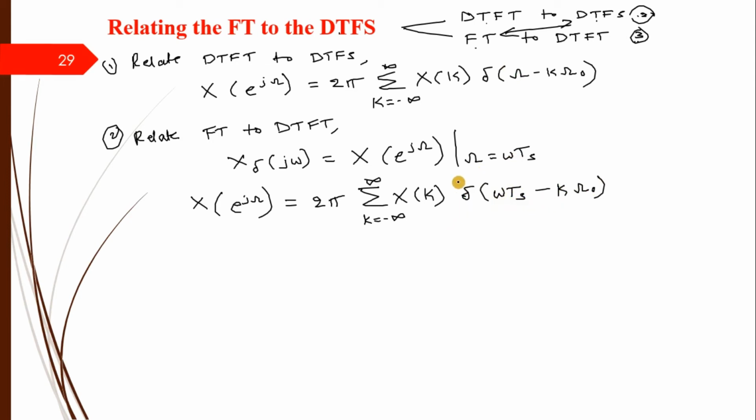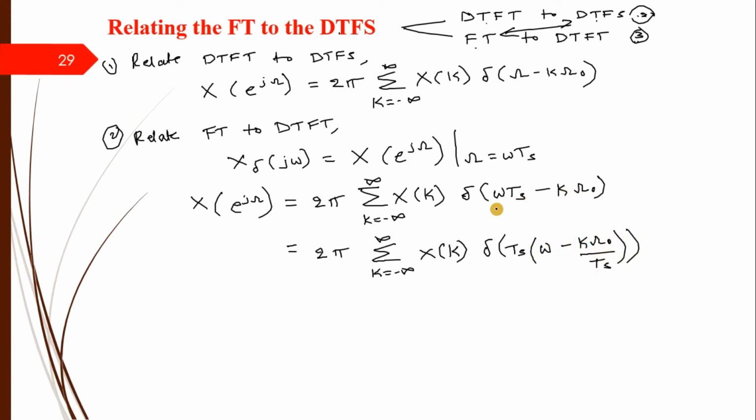Okay. Next, I make small changes here. Just here, 2 pi summation k is equal to minus infinity till plus infinity, capital X of k delta. I'll take this Ts common. If I take this common, what is left here? Omega minus k omega naught, but there is no Ts existing here to take common, so hence I divide it by Ts.